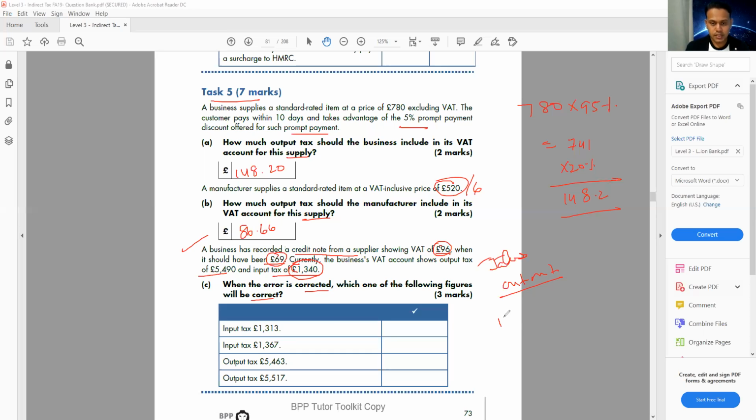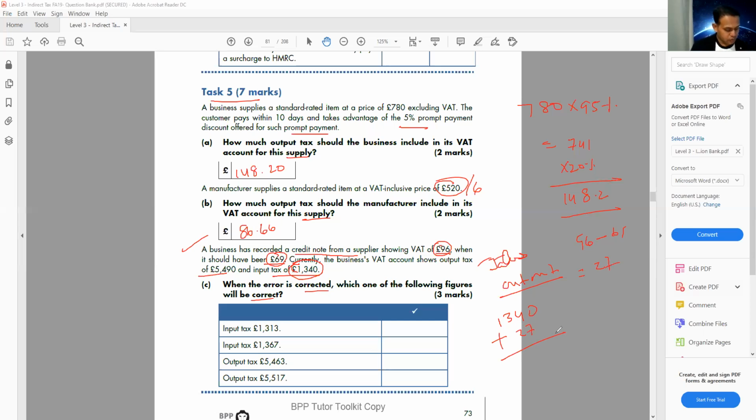So what is the difference? 96 minus 69 is 27.